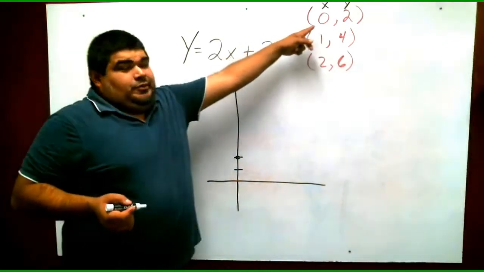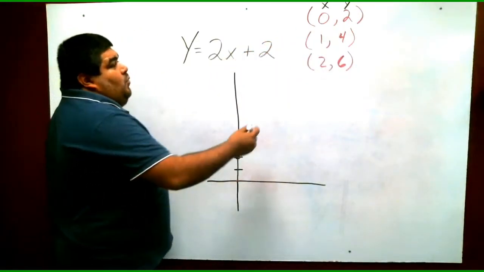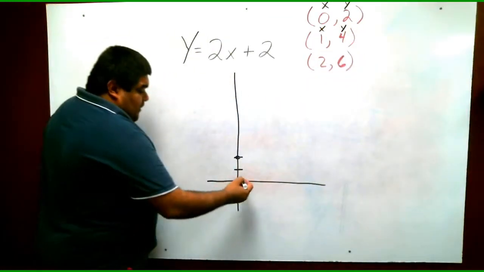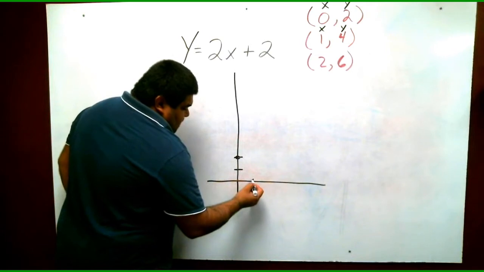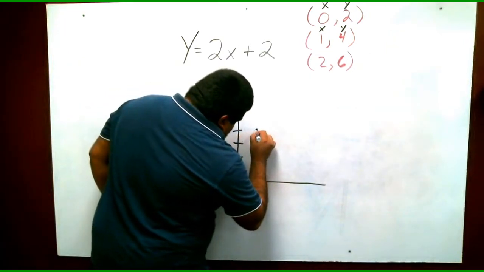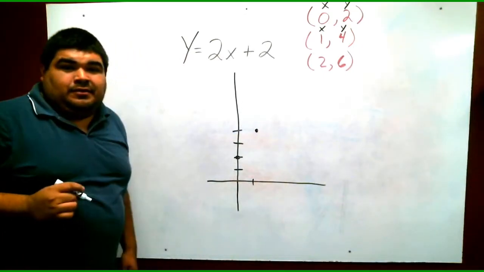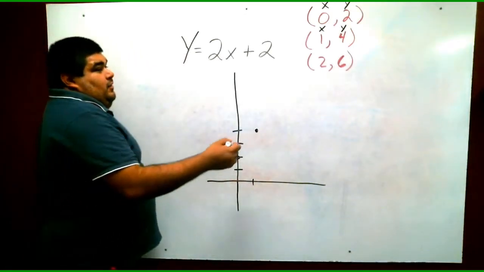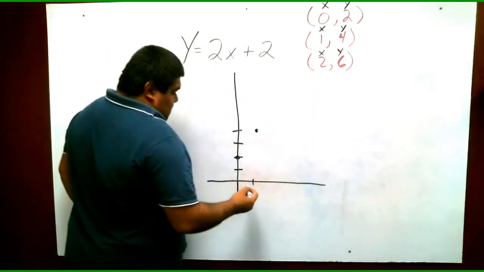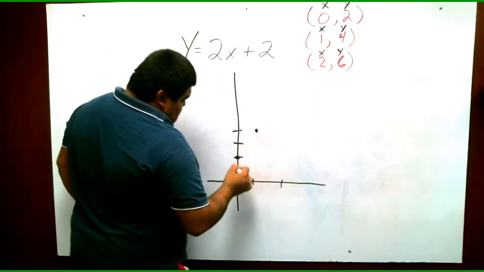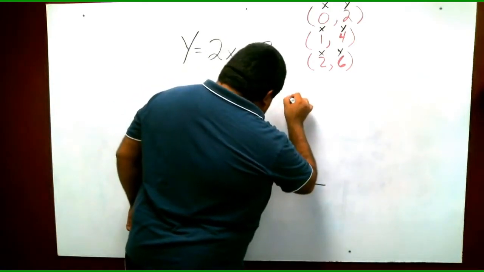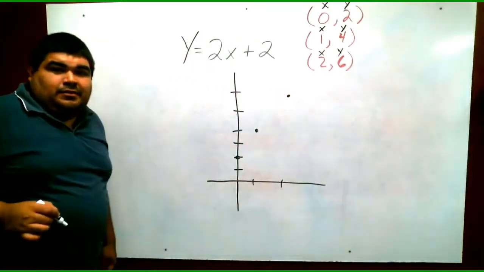That's 0, 2. Then we're going to go to 1 on the x, 4 on the y. So now we're going to go 1 to the x and then 4 to the y. So about there. And finally, we're going to go 2 and 6. So 2, that's 4, 5, and 6. So 6 and about there.